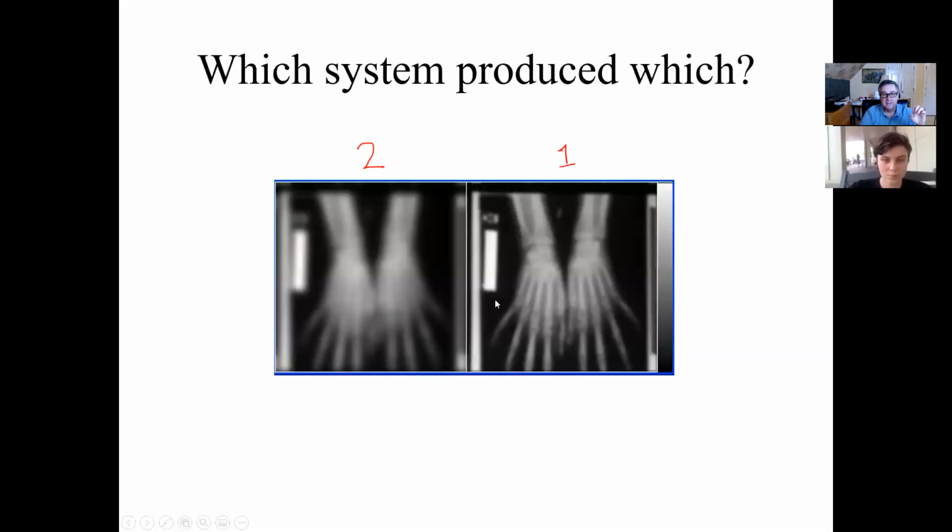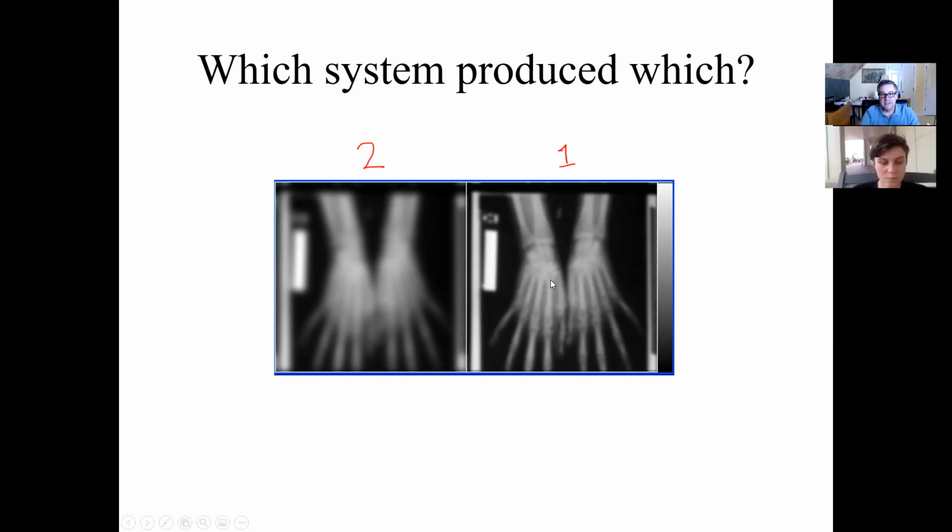If comparing, say, two outputs from the same hand radiograph as input to those two systems, the one that experiences less blurring and therefore retains more detail has better resolution. There are a lot of different ways of saying it: it has more high frequency content. We'll talk about that.